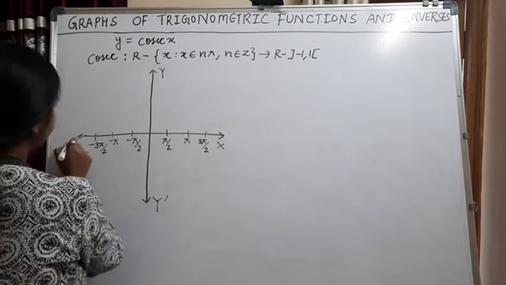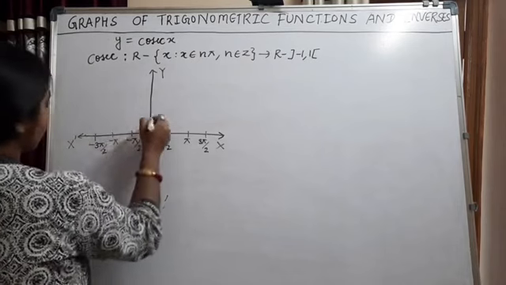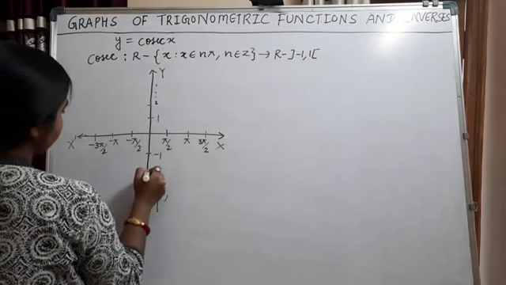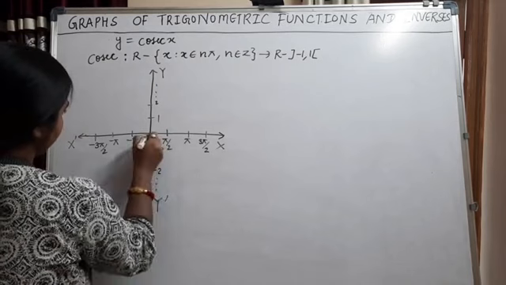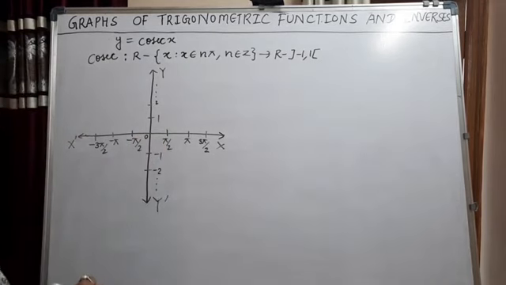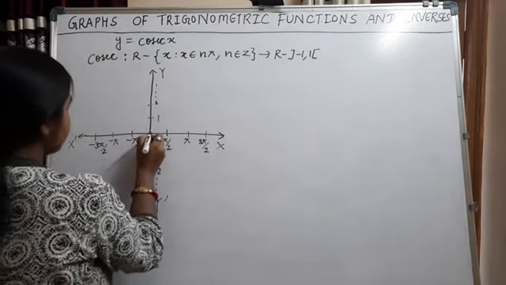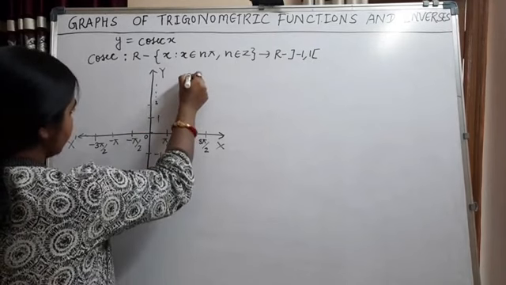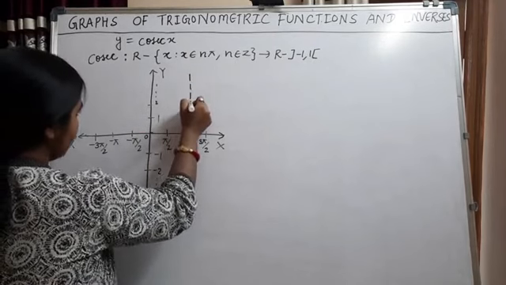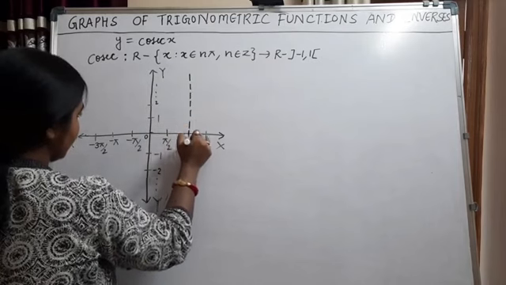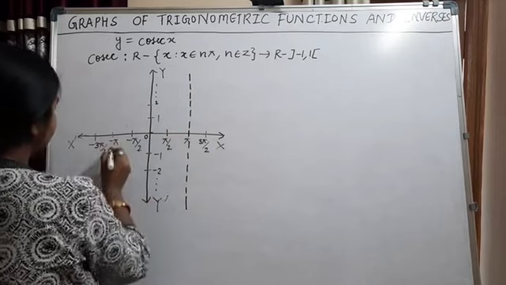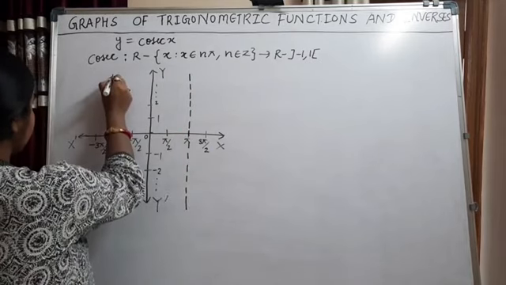This is here x dash. Now it is 1, then 2, and so on. Here it is minus 1, minus 2 and so on. We know that cosec 0 is infinity. Similarly, cosec pi is again infinity. So we will draw a straight line parallel to the y-axis for showing the infinite value. Similarly, cosec minus pi is also infinity, so again we have to draw a straight line.